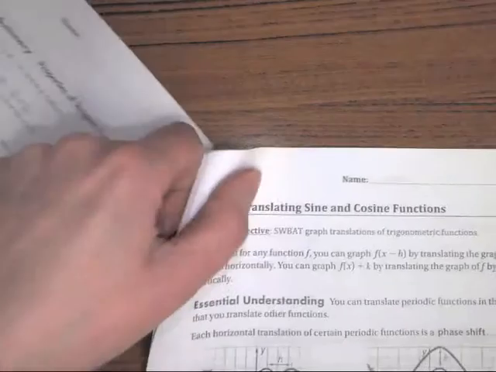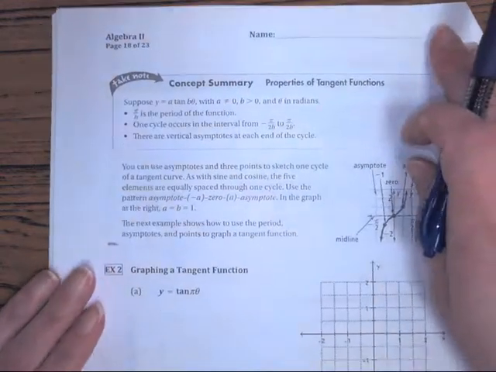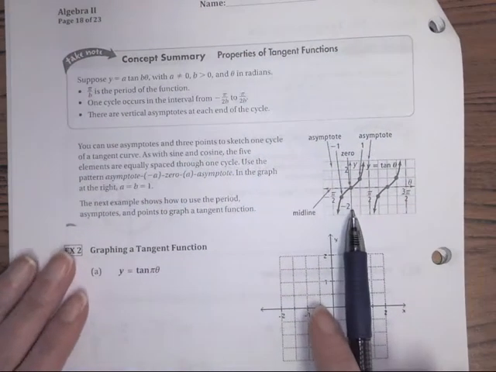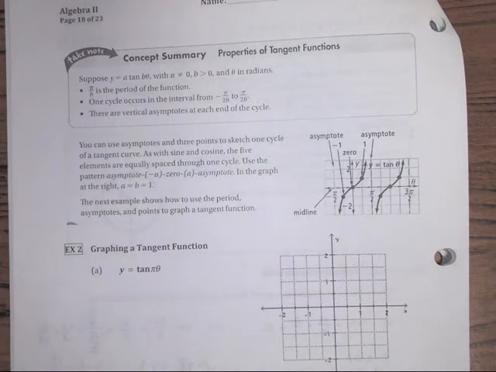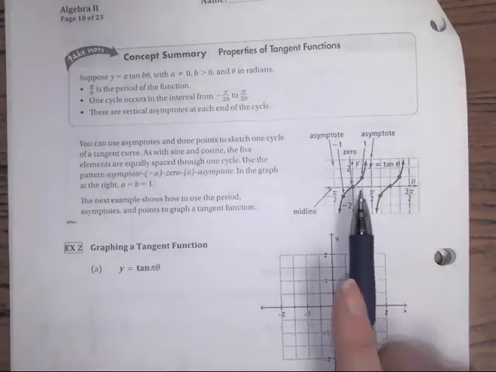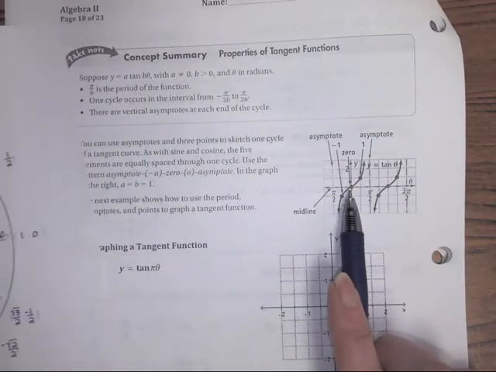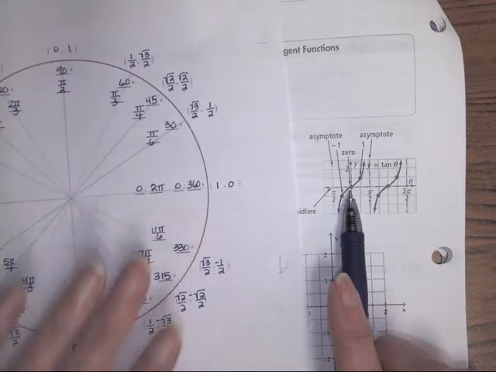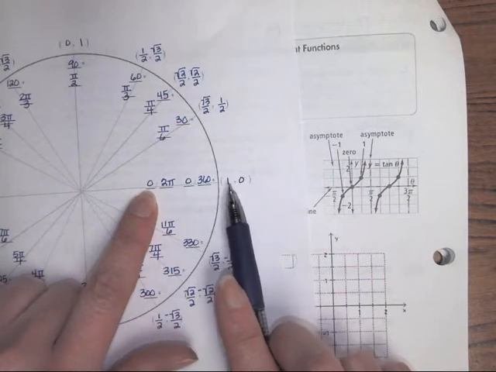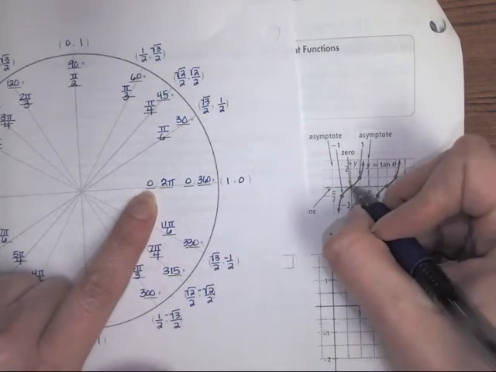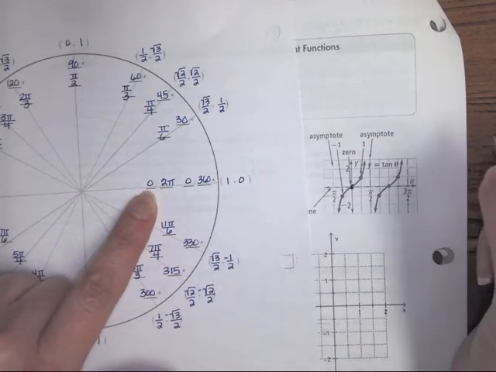Okay, so let's graph our function. And we've got a lovely graph of it right here. Believe it or not, if we go to our unit circle and we find some values, we can actually graph this. So one of the first things I do is go to 0. At 0 radians, y over x is 0 over 1, which is 0. All right?